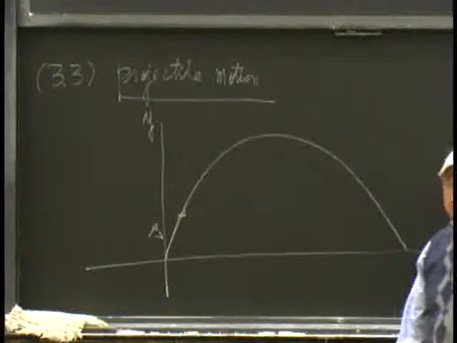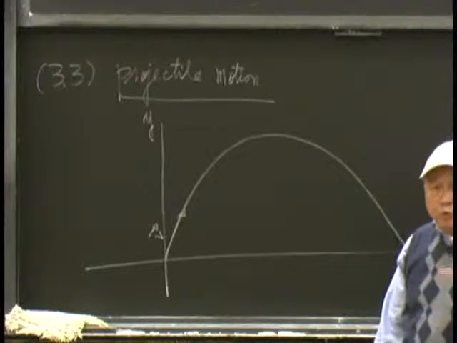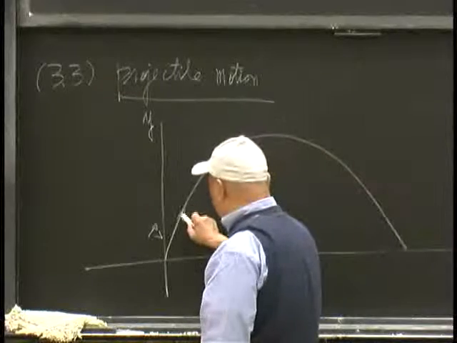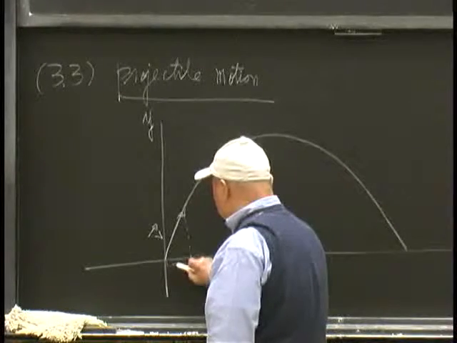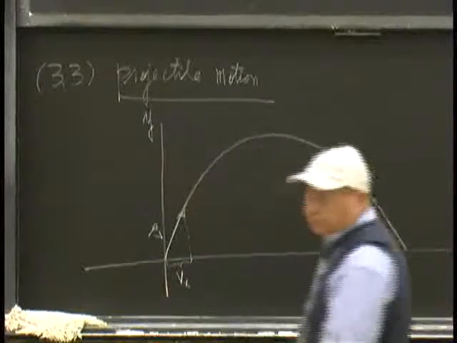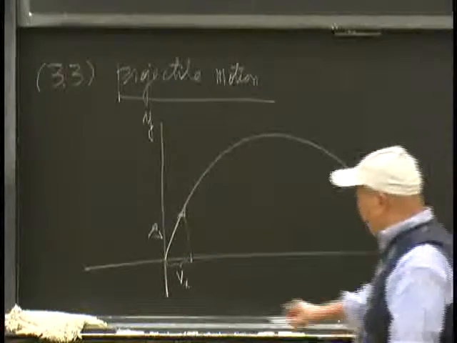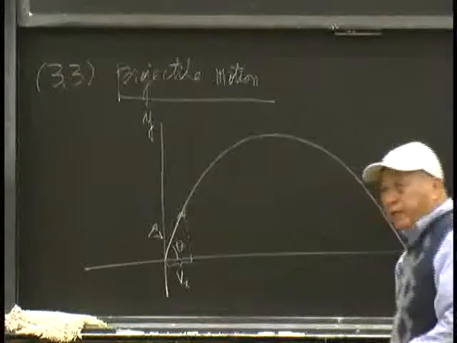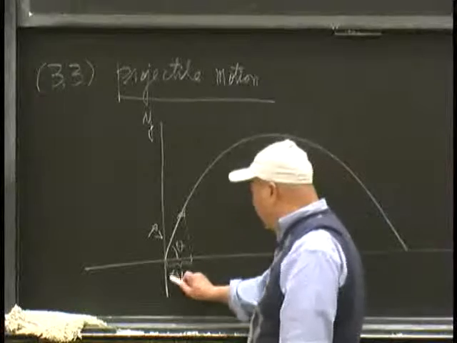But we can decompose a vector into two sets. One is along the x direction, in which case we call v sub x. And if this angle is theta, then that means I can say this is v sub xi.